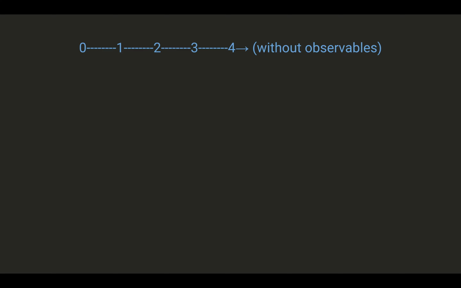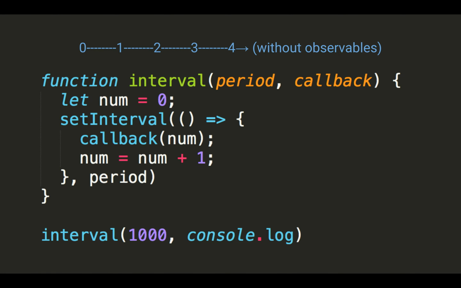So what we're looking at right now is a stream of values, 0, 1, 2, 3, 4, on and on and on. So if we wanted to model this in JavaScript without using observables, the way we might implement it is something like this, where we define a function called interval, and it takes a period and callback, and then initializes a counter and uses JavaScript's setInterval function to set an interval for the period, and then at each period it invokes the callback with the value and increments the counter.